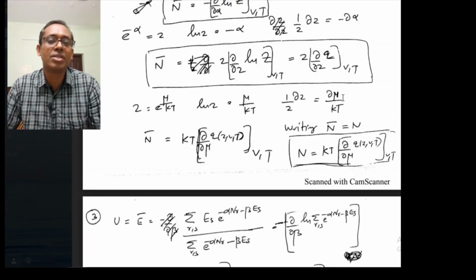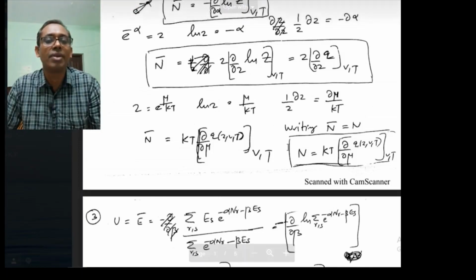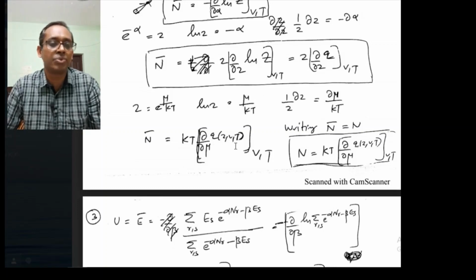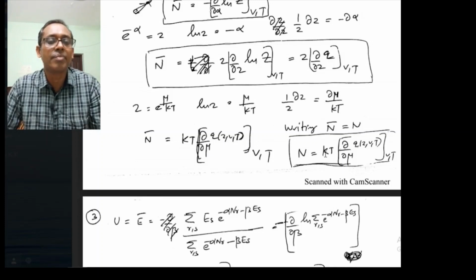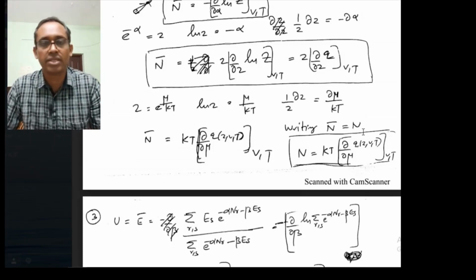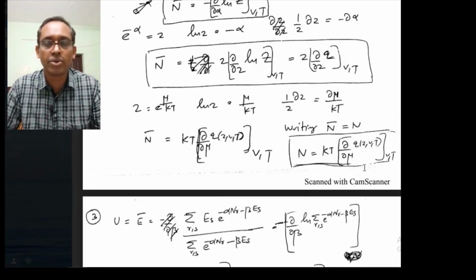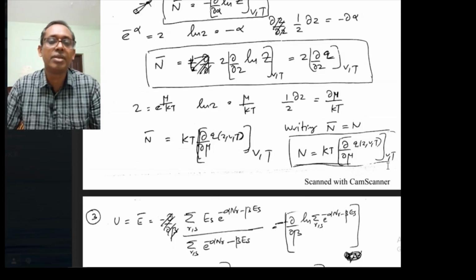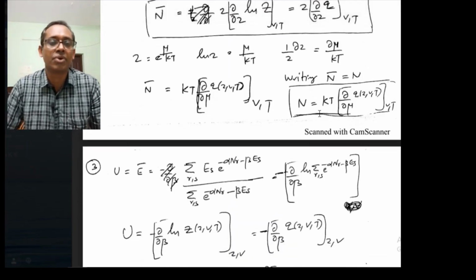So if I put it here, I will get kT dou by dou mu of log grand partition function, or Q. So n, the average number of particles in the system, is kT dou by dou mu of Q(z, V, T), where V and T are fixed. So this is the equation for n.